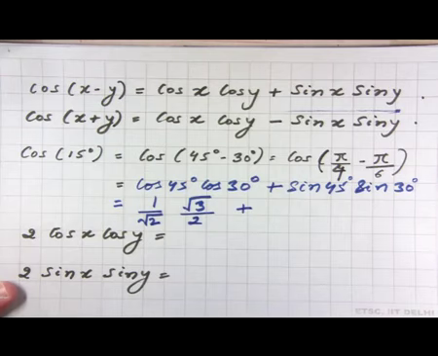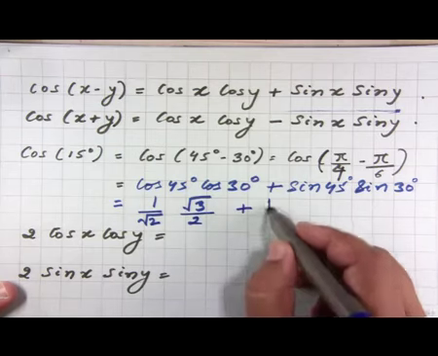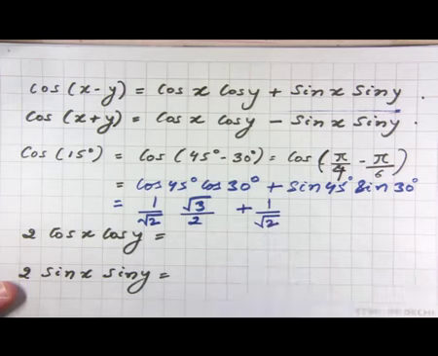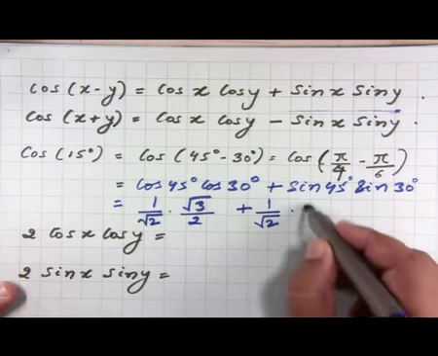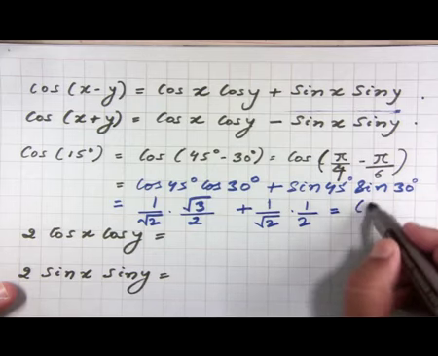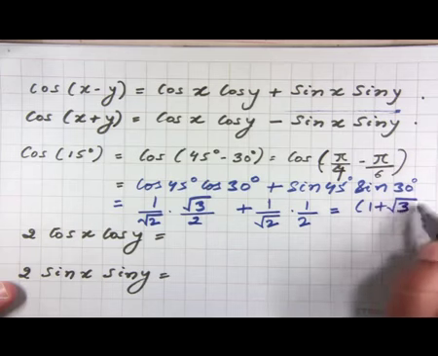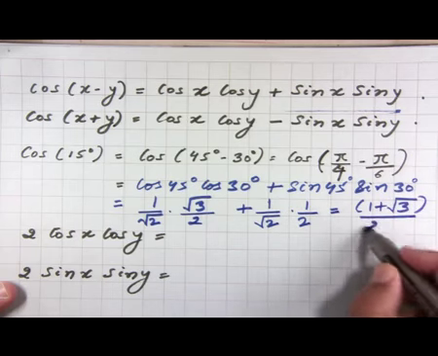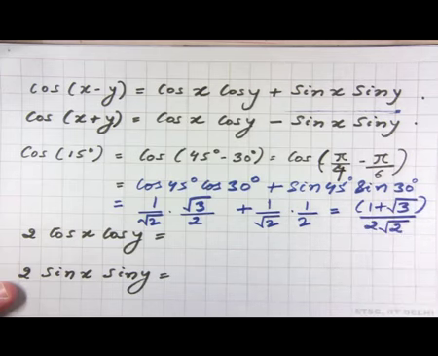Sin 45 is also 1 over root 2 and sin 30 is half. So, that is how you get cos of 15 degrees is equal to 1 plus square root of 3 over 2 times root 2.